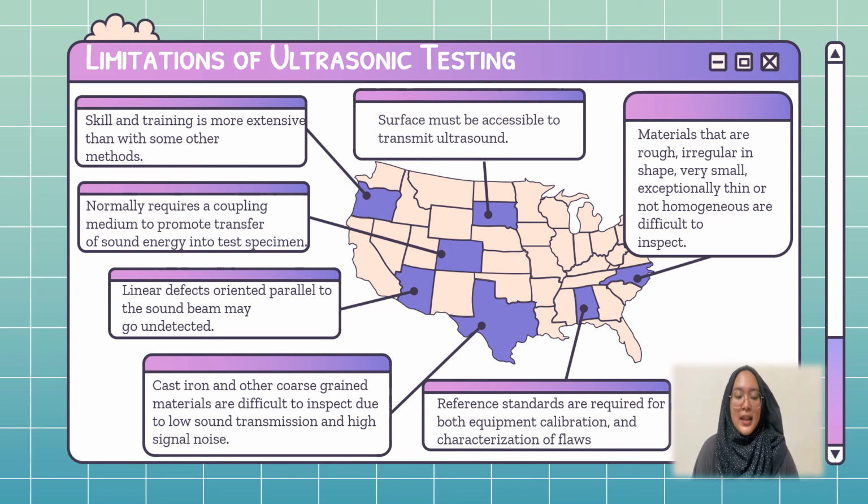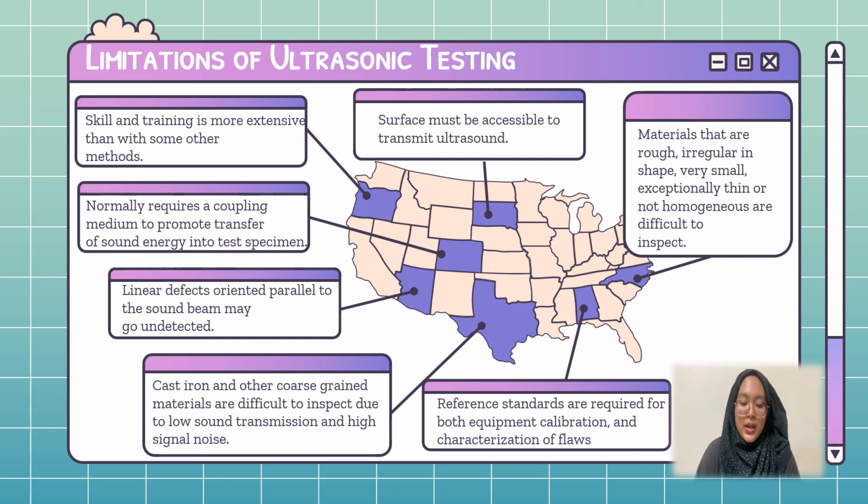First, skill and training are more extensive than with other methods. Next, the surface must be accessible to transmit ultrasound. Third, materials that are rough, irregular in shape, very small, exceptionally thin or non-homogeneous are difficult to inspect.